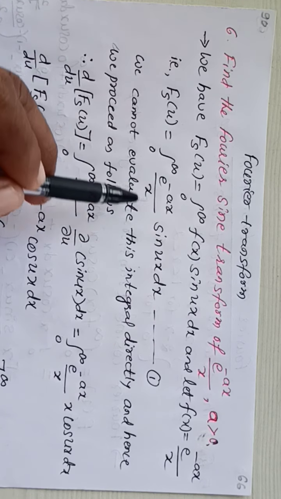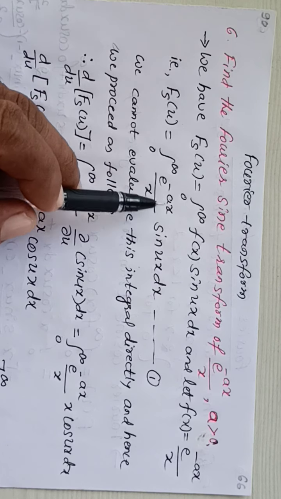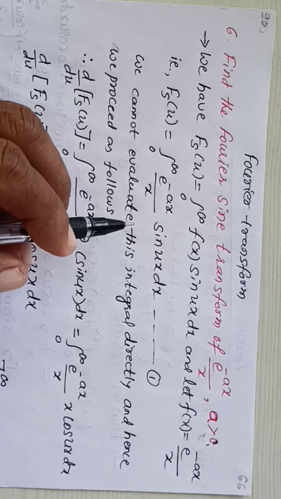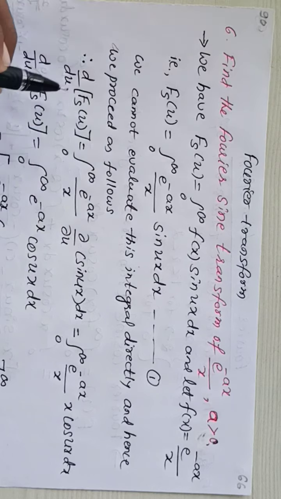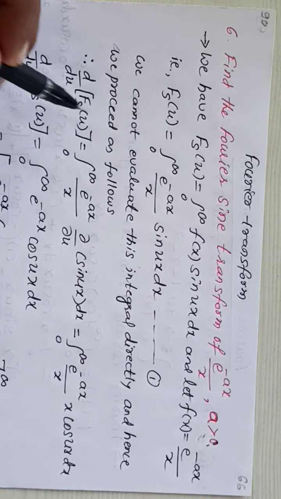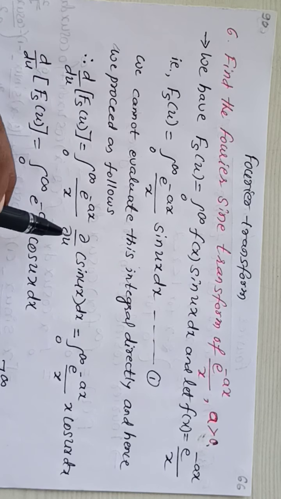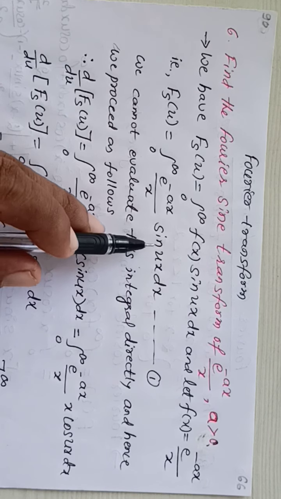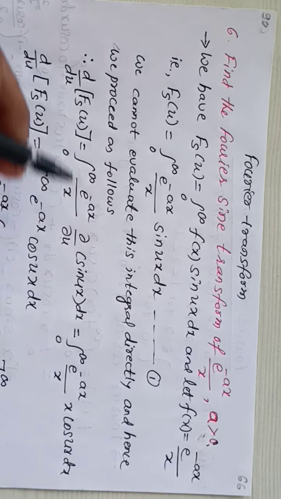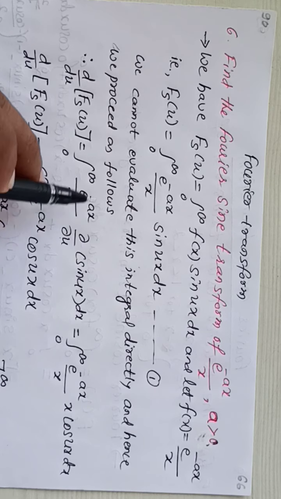Now we cannot evaluate this integral directly, so we have to proceed as follows: differentiate. d by du of F_s(u) = integration 0 to infinity e raised to minus ax by x, dou by dou u of sin ux dx, marking e raised to minus ax divided by x as a constant.